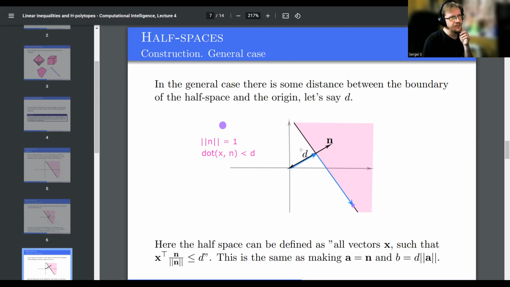We know that this second vector doesn't actually contribute anything when you do the dot product. Let's call this point, I don't know, C. So when we do the dot product of C with n, it is the same as doing the dot product of C par with n, where C par is this vector.